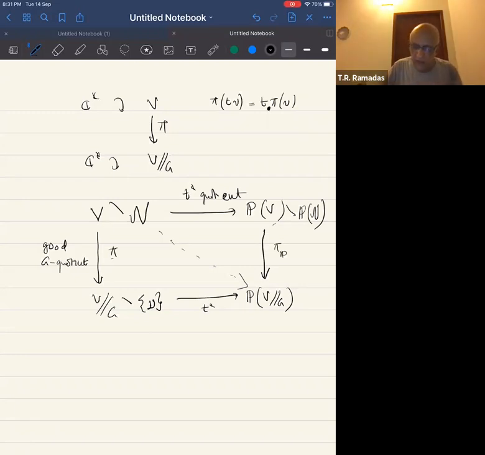So we have, therefore, this situation. Let me summarize. When I have a reductive group acting linearly on a vector space, if I remove from the projective space of the vector space the points corresponding to the null cone, then I get a map to a projective variety, which is G equivariant. And in fact, this is a good quotient.